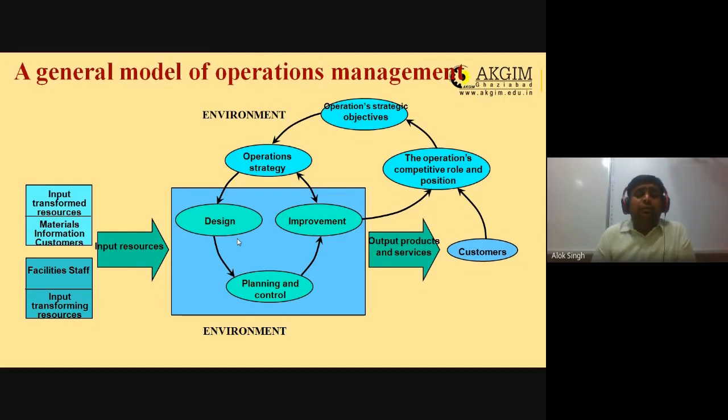Next is planning and control. What is planning and control? Planning is for producing the quantity that customers require, meaning designing the capacity based on customer demand. Control is basically to check that no product that I am going to deliver is defective.